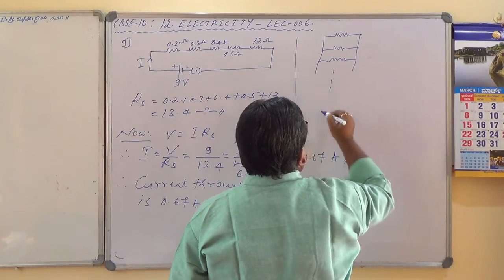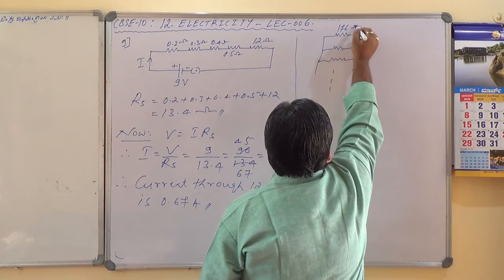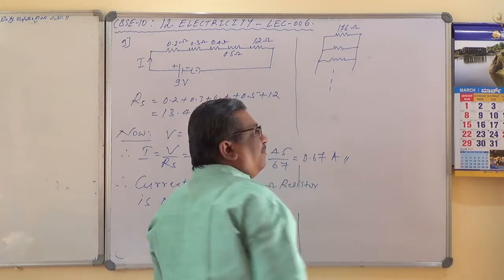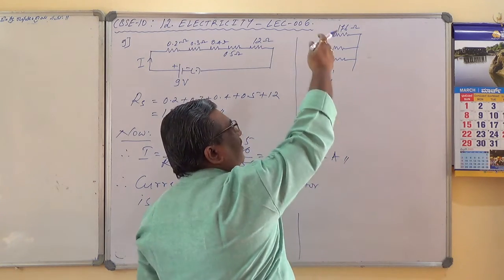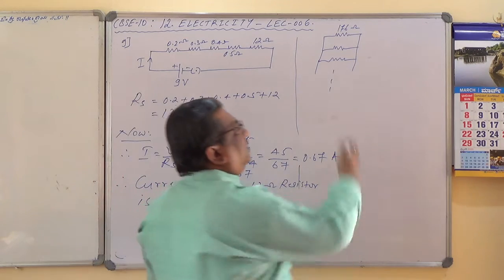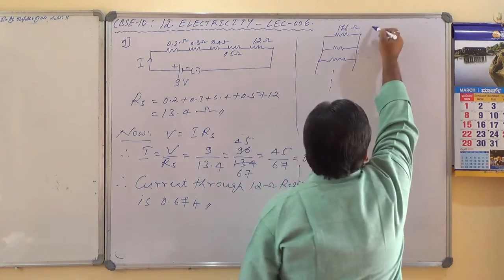It will continue like this. 176 ohm. Let n be connected in parallel combination. So in parallel combination, what is the current drawn by this given information? Let me write down.